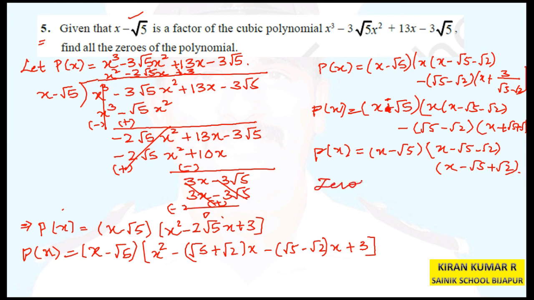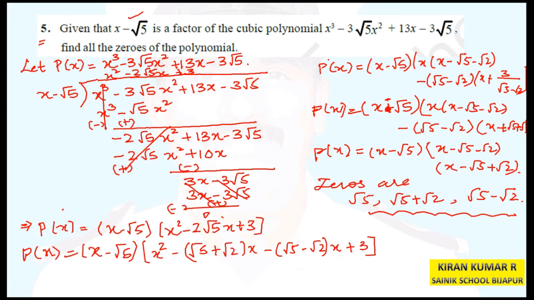Zeros are root 5, root 5 plus root 2 and root 5 minus root 2. These are the zeros. I have to equate it to 0 and find the value of x.